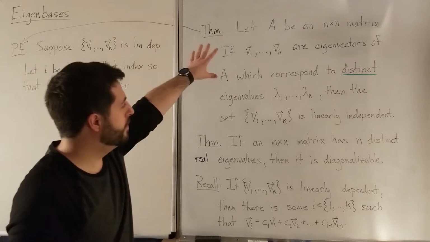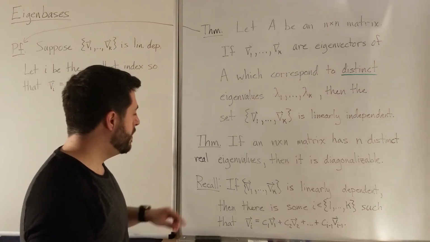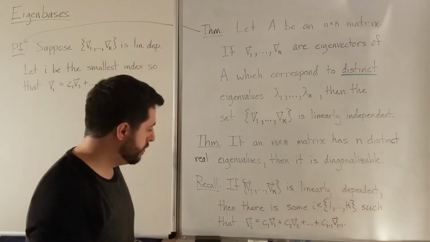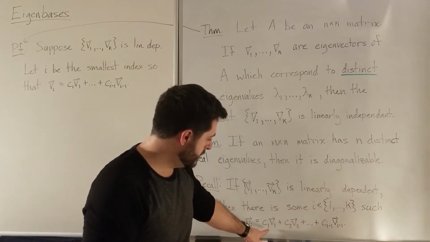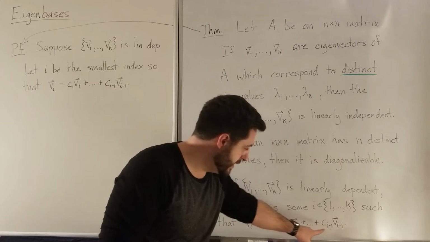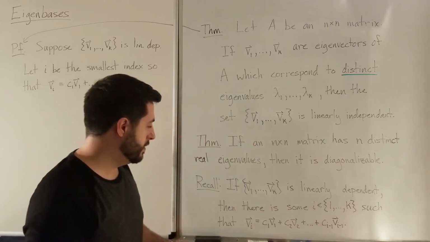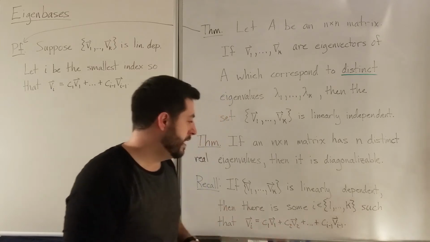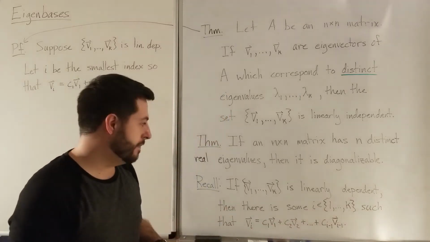All right, now I want to prove this theorem here. Before I do that, I just want to point out this statement is true as long as you consider the empty sum, the sum of no things. For example, if i is 1, then there's nothing over here. That sum would just be the 0 vector.